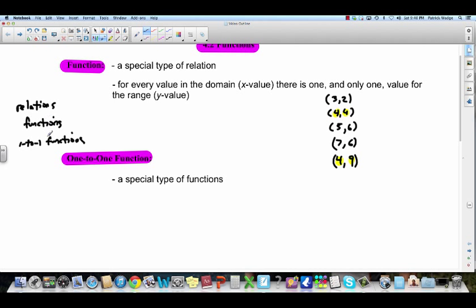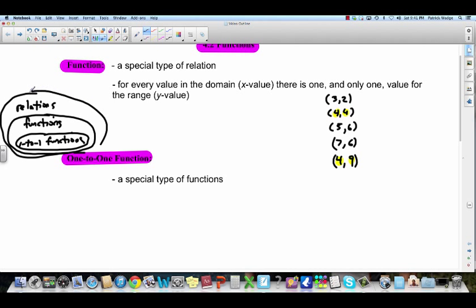So the way you can draw that is you can say, okay, there's one-to-one functions, and every single one of the one-to-one functions are functions, and then every single one of the functions is a relation. Or you can look at it the other way, there's relations, and some of the relations are functions, and some of the functions are one-to-one functions. Okay, like that. So one-to-one functions are a special type of function.